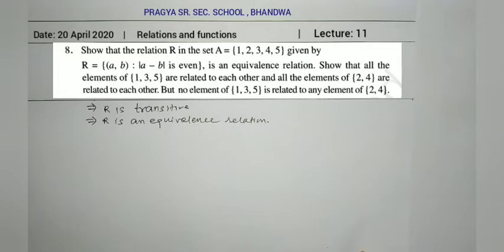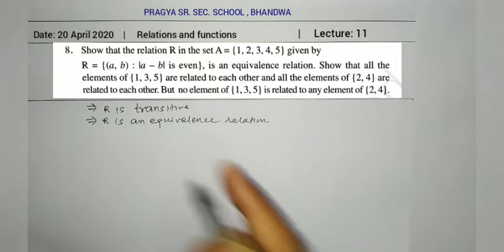You have to show that all the elements of 1, 3, 5 are related to each other, and all the elements of 2, 4 are related to each other, but no element of 1, 3, 5 is related to any element of 2, 4.